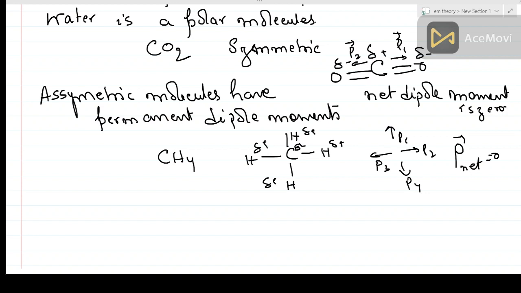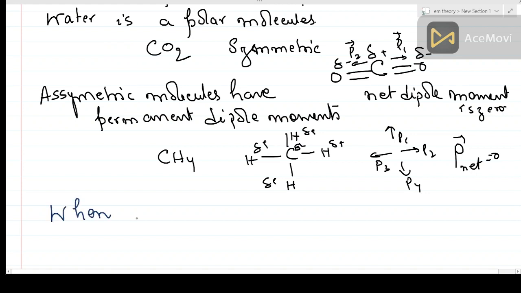Now what happens if you put a polar molecule or a dipole in the presence of an external electric field? The electric field has a certain effect on this dipole, and I think you have studied it earlier also. Let us discuss the things here.